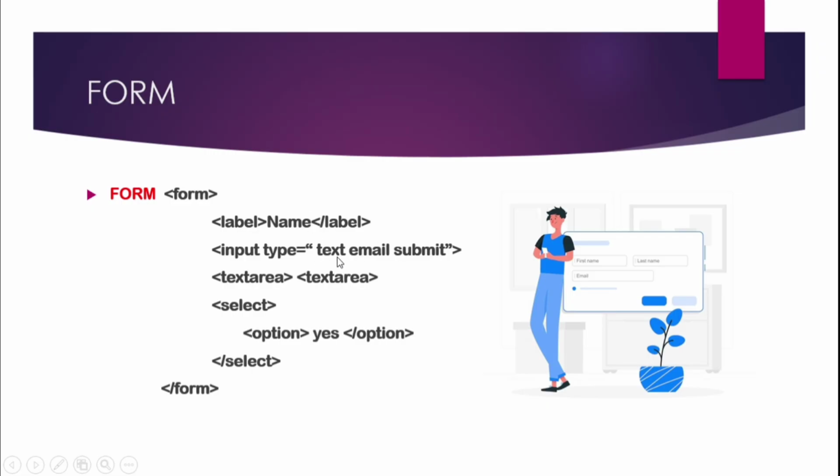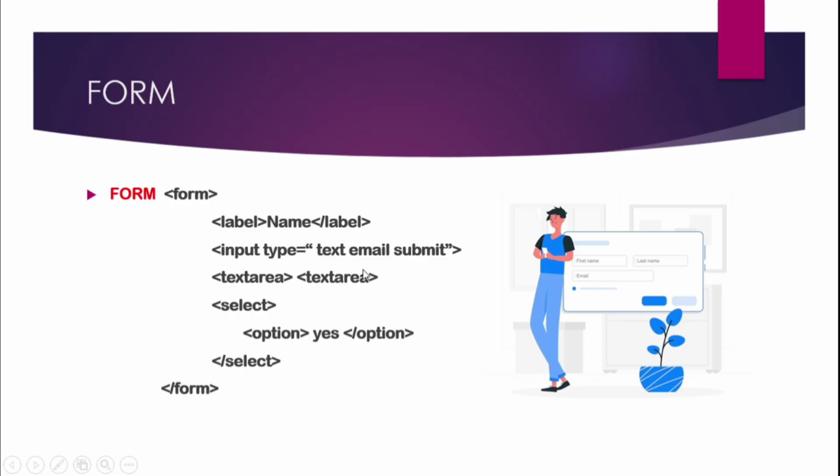So here I'm using label as name, right? So name is nothing but text. So I'm going to use the input type text. What it will do is create an input box which only accepts text, so it will accept only the words that we enter. And if you mention email, then it will consider the input data to be an email. And for an email, the major thing is that @gmail.com or @email.com is mandatory, right?